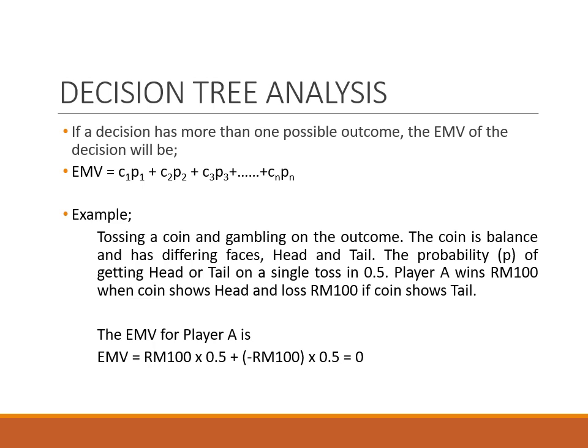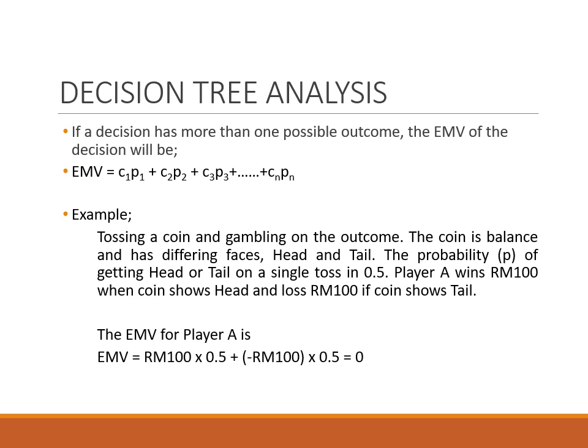Here's an example. Let's say if you toss a coin and gamble on the outcome. So the coin is balanced and it has two different faces. You have your head and your tail. So the probability of getting head or tail for a single toss is 50%.